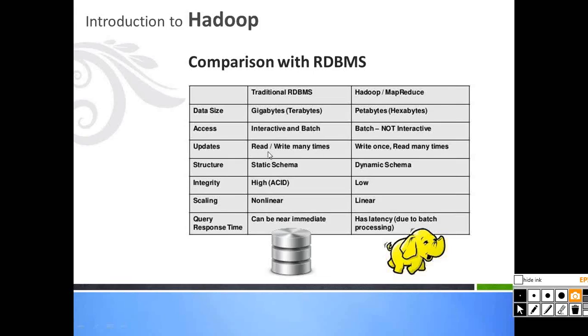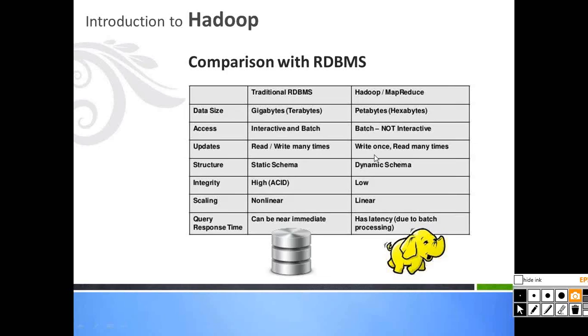So this is one of the key aspects. In the traditional systems, reads and writes are pretty much anticipated. You insert data, read data anytime, update it anytime, any number of times. Whereas in the Hadoop world, that was not the objective initially.